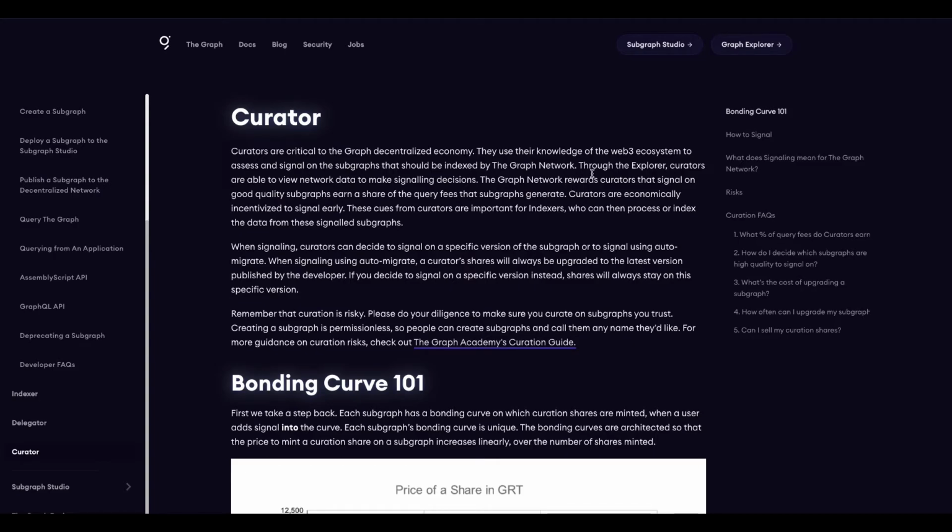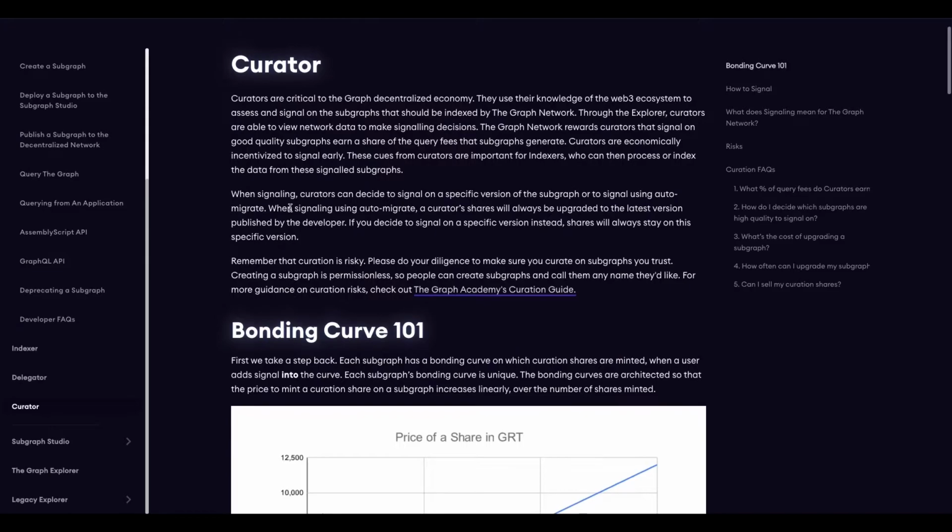Rewards curators. GRT rewards curators that signal on good quality subgraphs. Also, they earn even more rewards when they signal subgraphs more early.